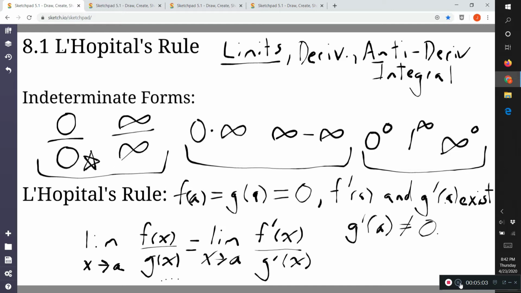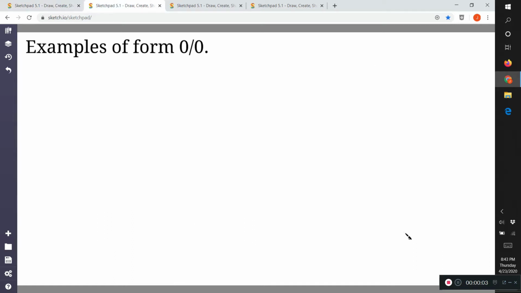So we're going to now step into applying this formula to a couple problems. So we're going to start off with examples of the form 0 over 0, which is the base case, the case we define for L'Hopital's rule.